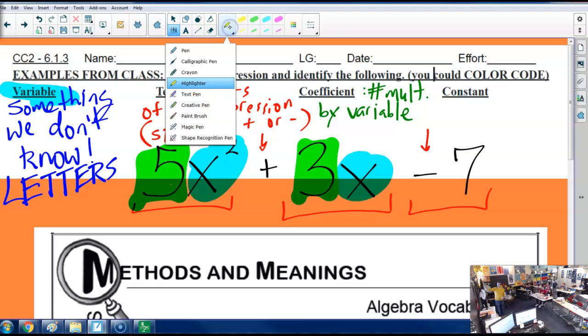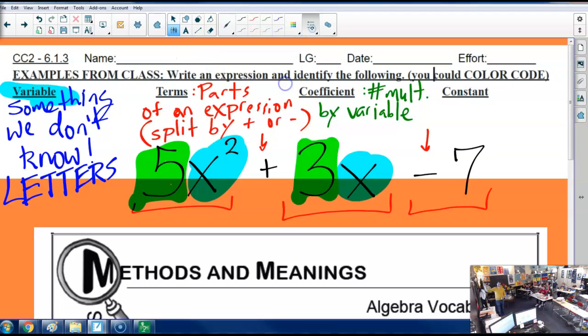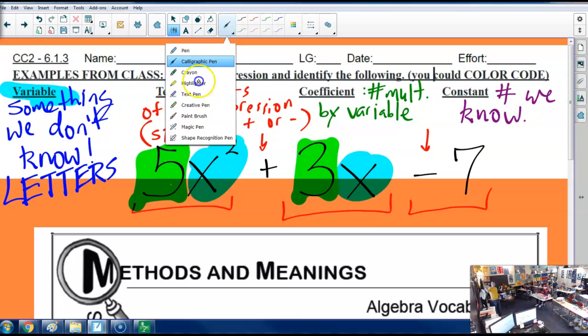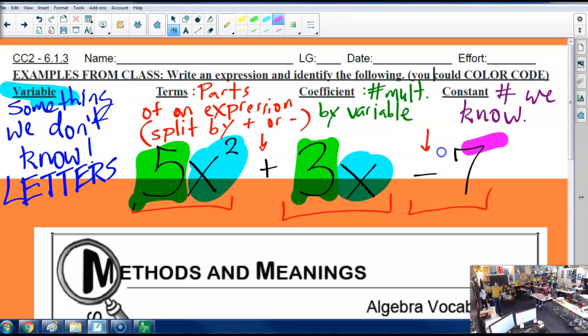Anyone know how we define constant? Is it the division? Whole number? It's a number we know. That's it. The constant, the number we know, is the negative 7.